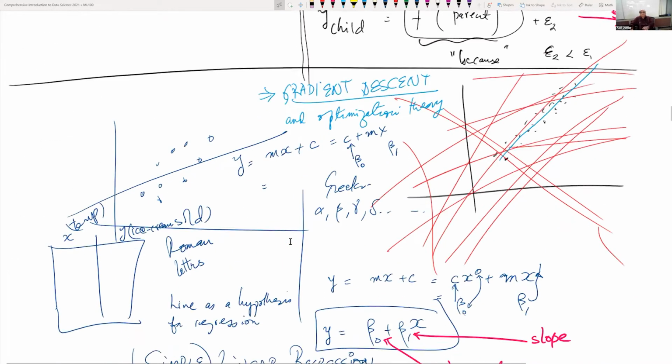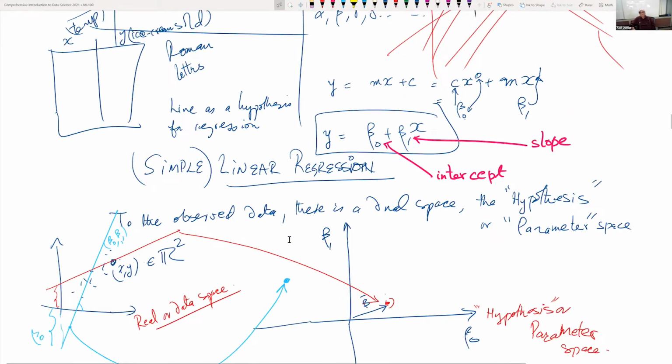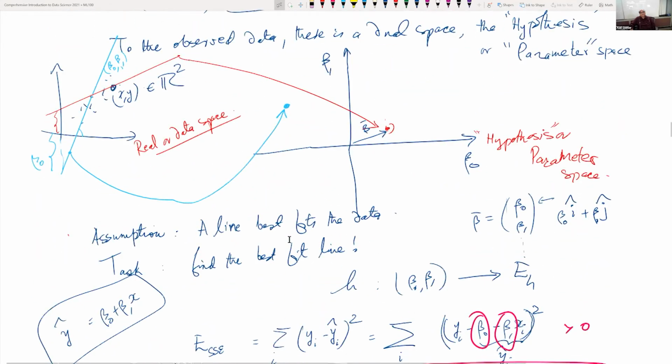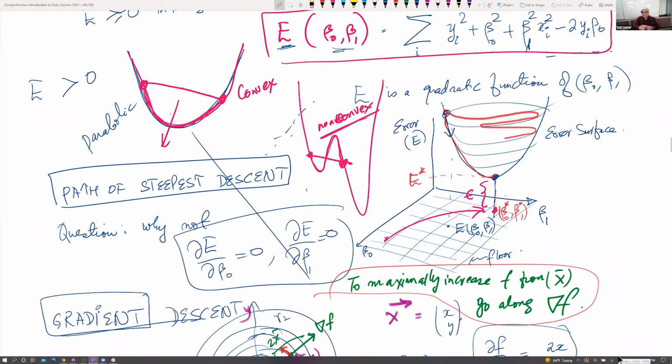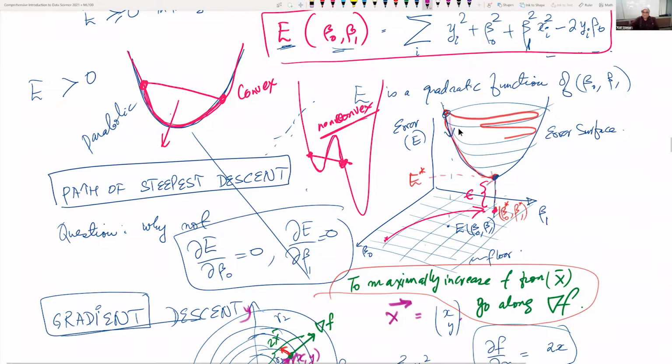Now, we talked about gradient descent, which is the process, and I will keep that aside because that will be a long discussion. But simply put, gradient descent is the process of tumbling down the hill in the hypothesis space and finding the best solution. So remember, I talked about two spaces. For every line hypothesis in the real data space, we know a line has a slope and an intercept, beta naught and beta 1.